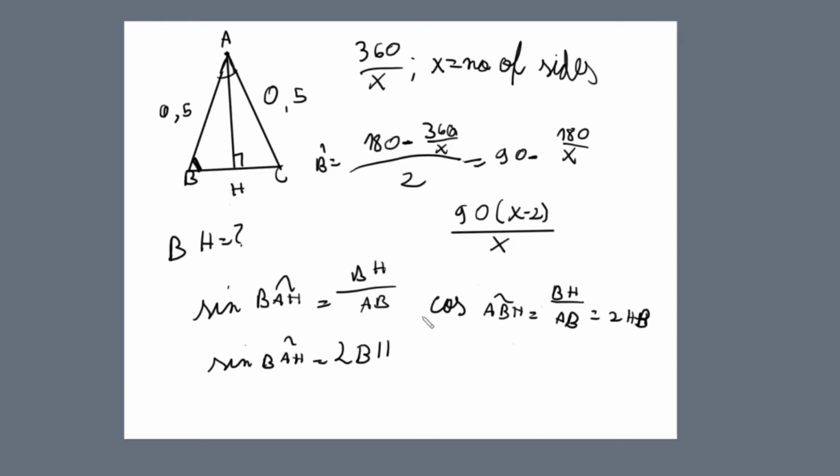Okay, so we take the cosine of ABH, and we know that that's equal to 2HB. So we just divide it by 2, so we have the cosine of ABH, and it's all going to be divided by 2.